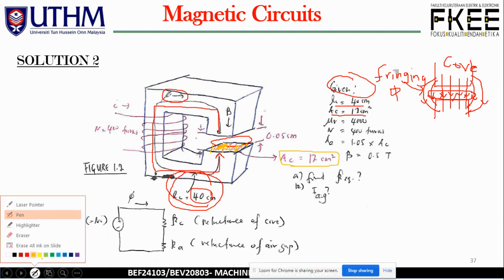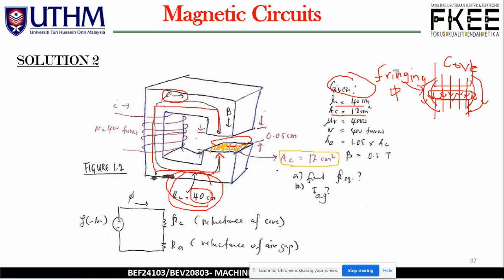The third piece of information given is mu r, the relative permeability of the core, and N is the number of turns, which is 400 turns.